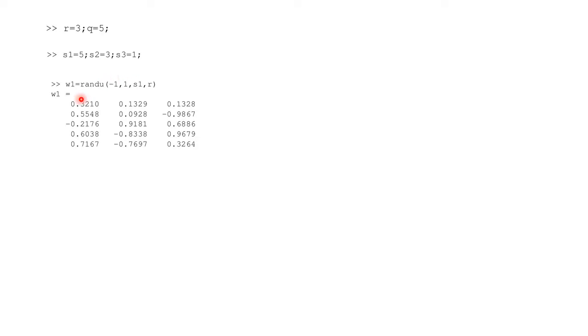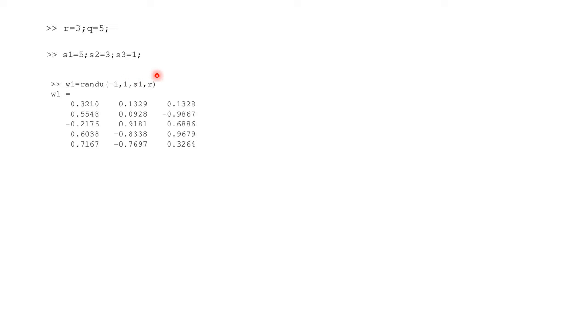That means the first weight matrix is going to be S1 by R, 5 by 3, which I generate using the random number generator. Remember the syntax for this. It's a matrix which is S1 by R, 5 by 3, and the numbers in the matrix are uniformly distributed in the range between -1 and 1.